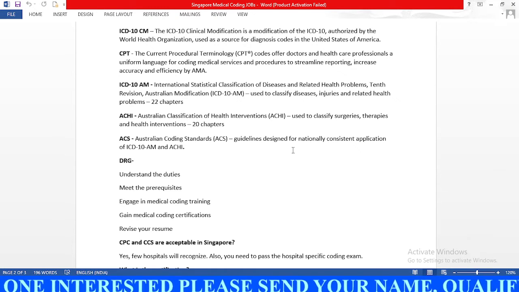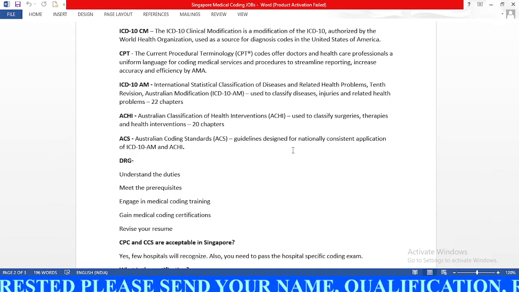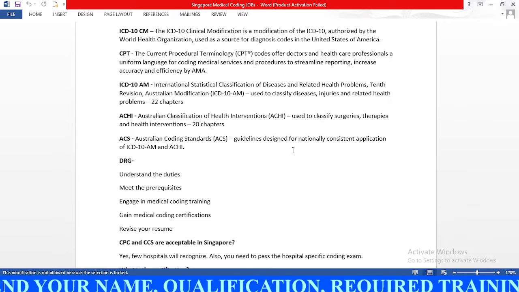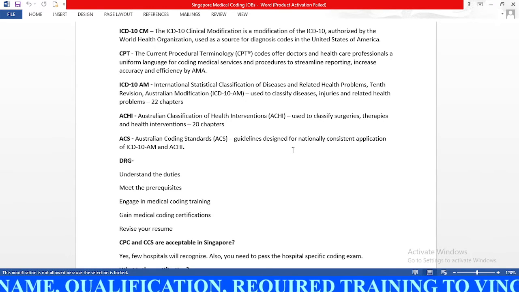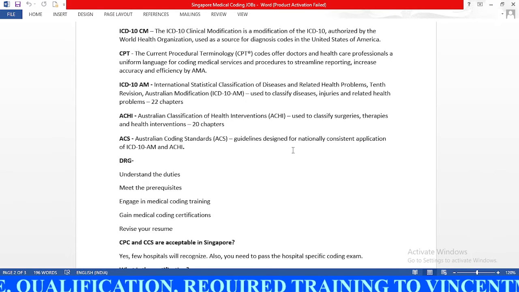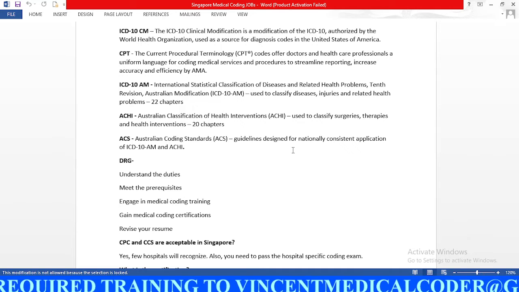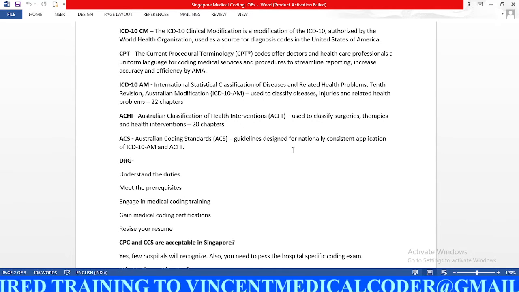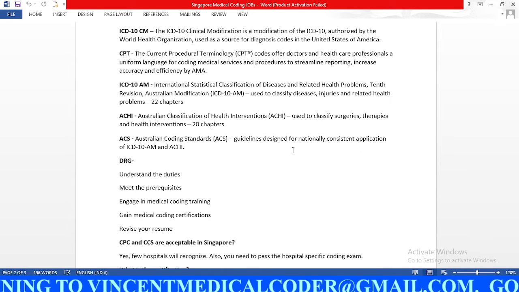To learn all these code sets, you need a good understanding of anatomy and physiology. You need to check all these code sets periodically in order to keep up with the latest updates. If you know the duties perfectly, you can learn the things needed to fulfill the medical coder's duty.